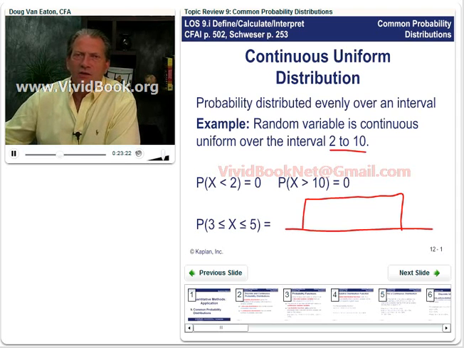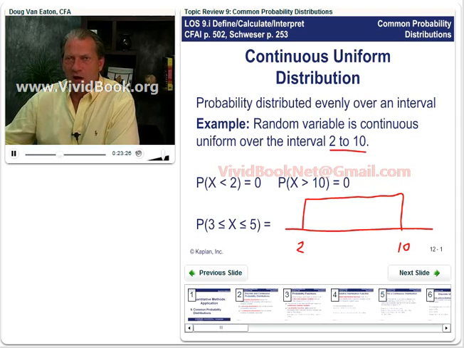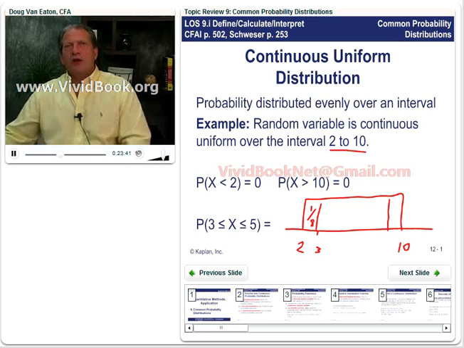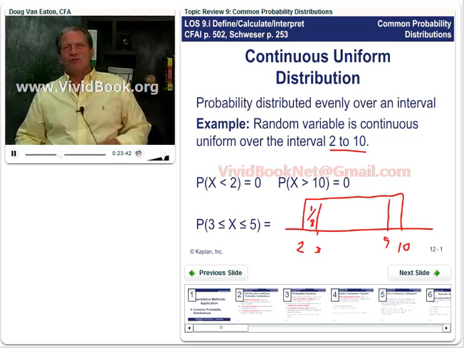Okay? So 2 to 10, that's 8 wide. All right? So each one of these is 1/8 of the probability. And then I can draw one on this end between 9 and 10 and say that's 1/8 as well. So that's what we mean by a continuous uniform distribution.